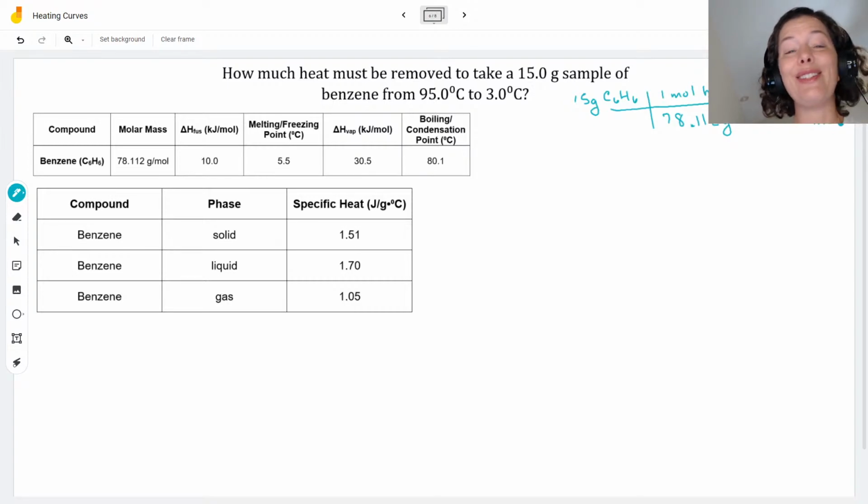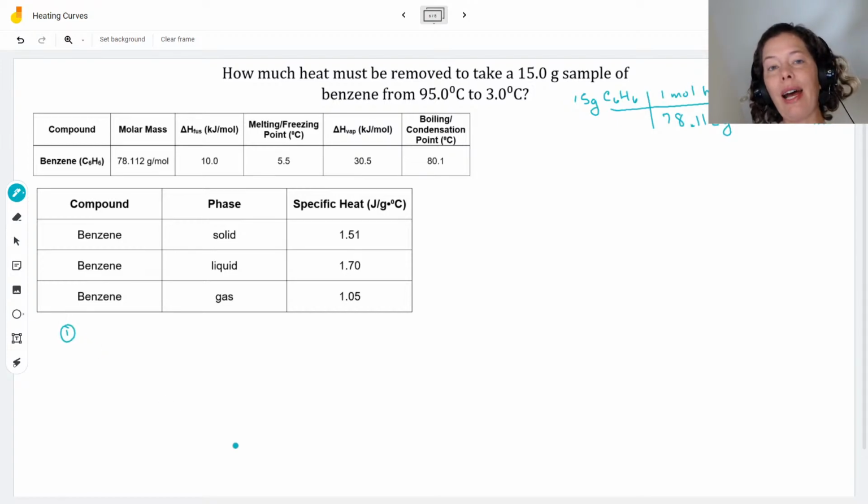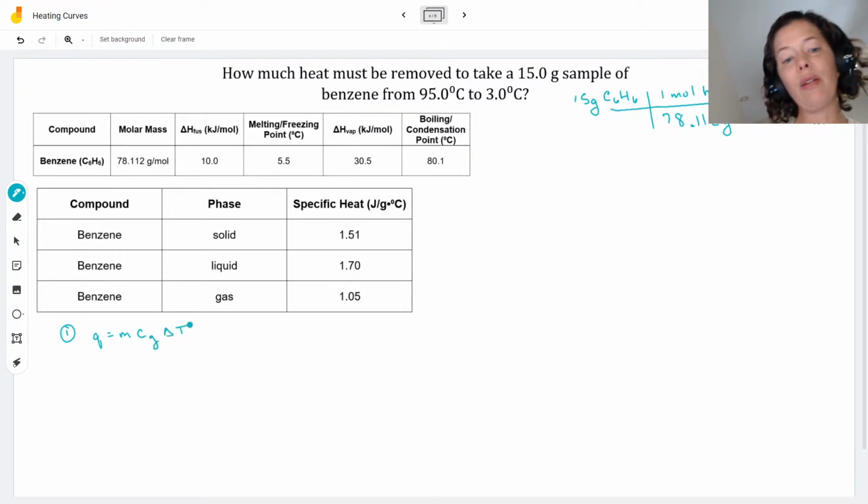Let's go ahead and start with our Q1. Our first step, remember, we're taking this hot gas and we've got to bring it down to the condensation point, which is the same thing as the boiling point. This is a temperature change. We've got a gas, so we need to make sure we use the specific heat for gas. And then our temperature change is going to be from the starting point to that condensation point.